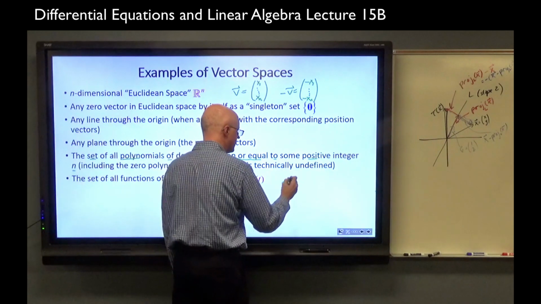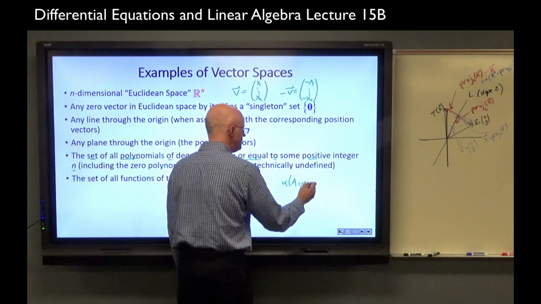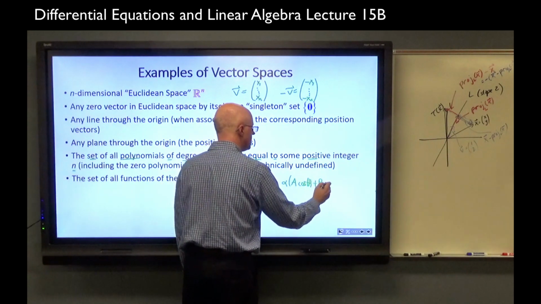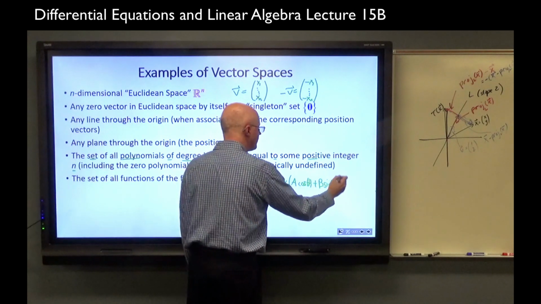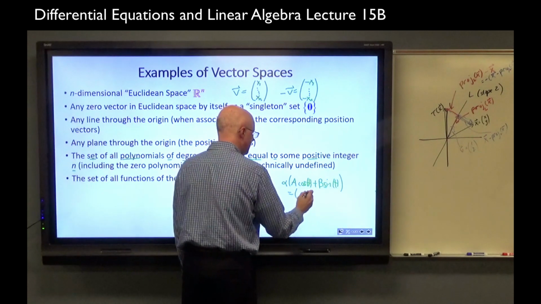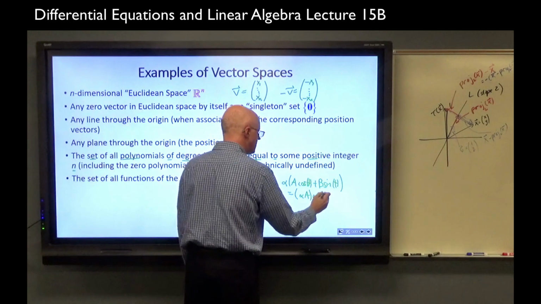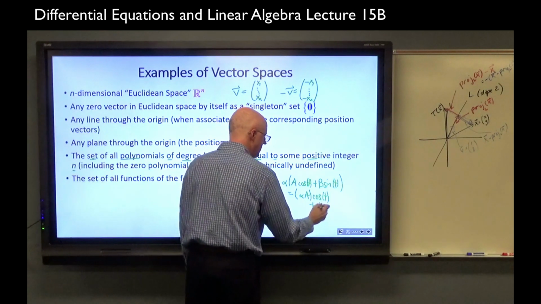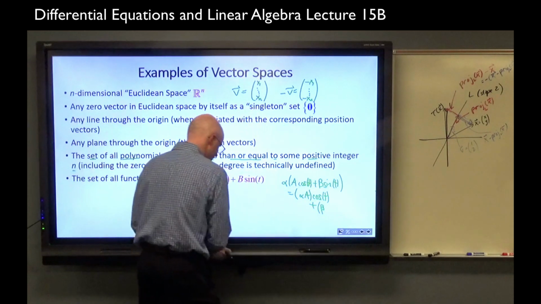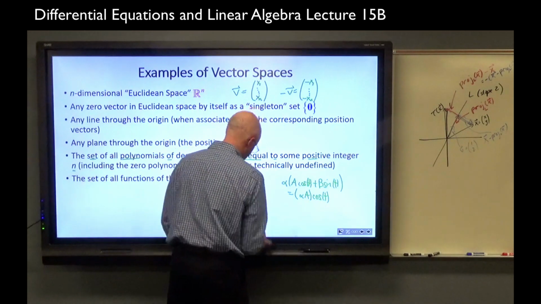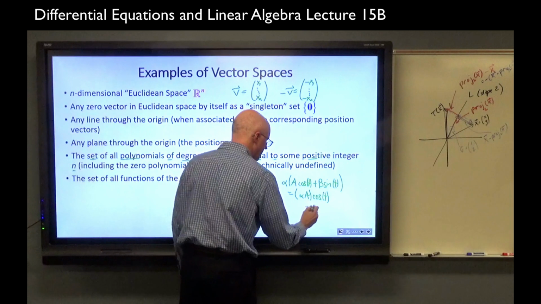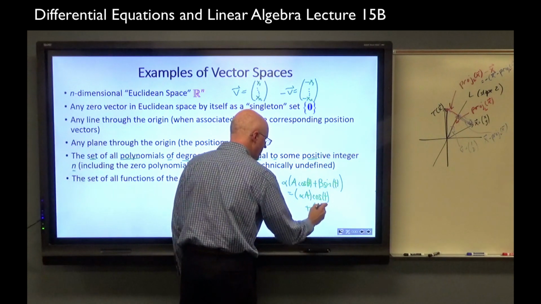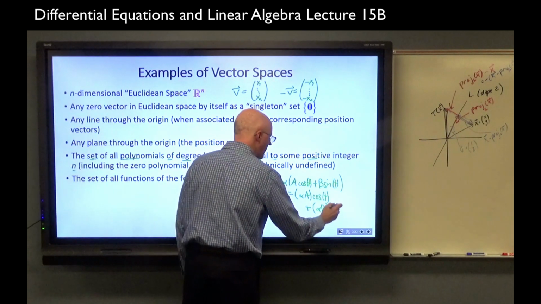Alpha times something like this has the right form. It's some scalar alpha a times cosine of t plus another scalar, alpha b, times sine t. It's got the right form still.